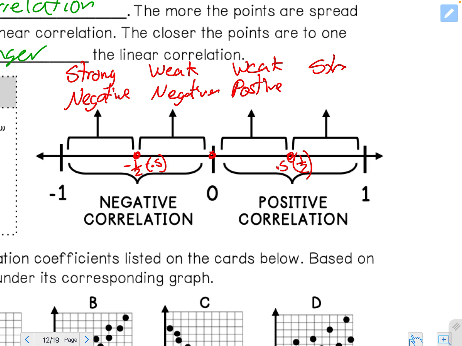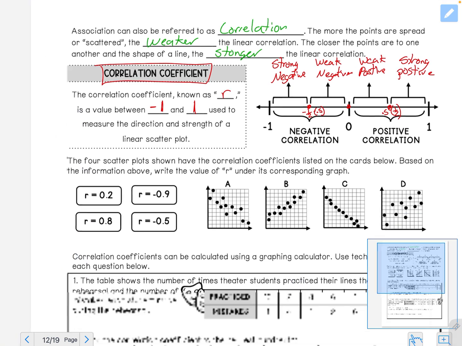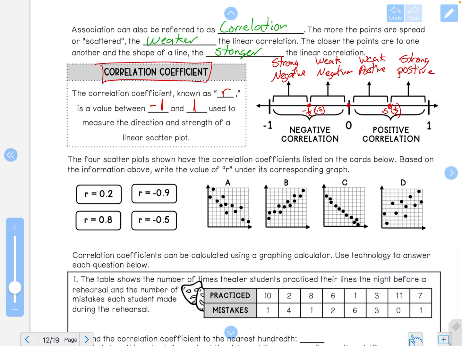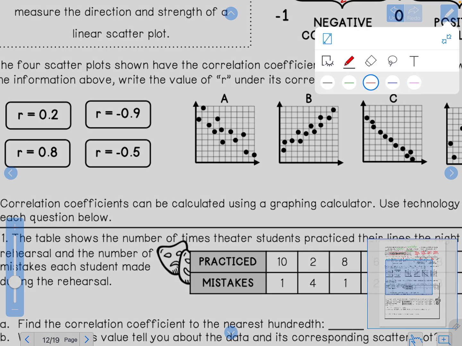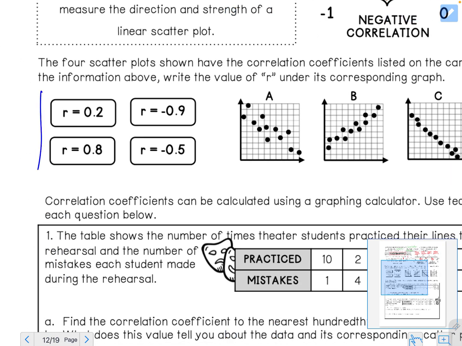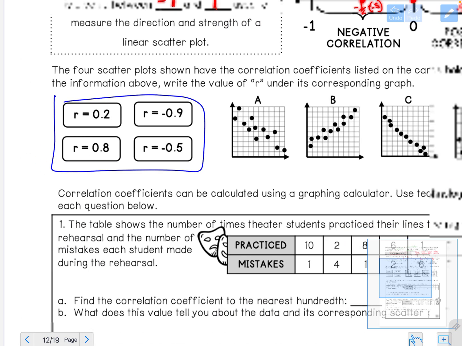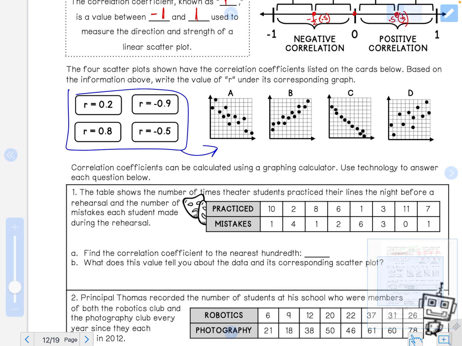And then we have strong positive if it's greater than 0.5. And so again, we can use technology to do this, but we can also use the eye test as well. So I'm going to ask you to match up these 4 numbers based on these graphs here, and I want you to check the completed class notes.